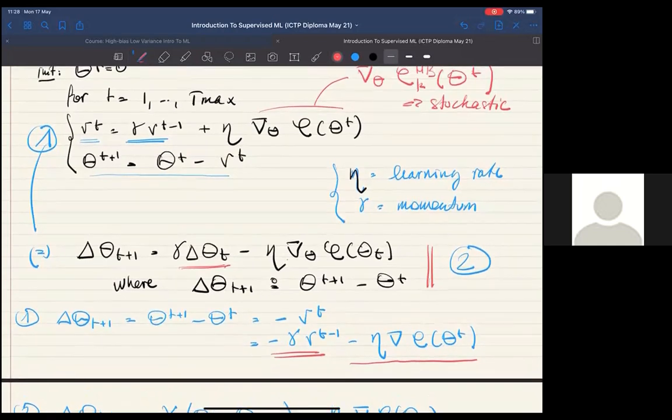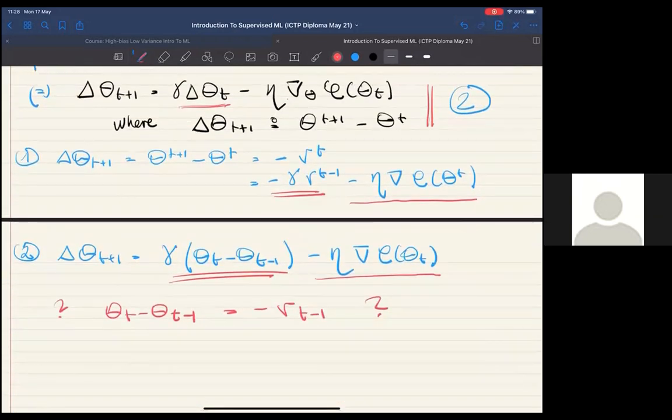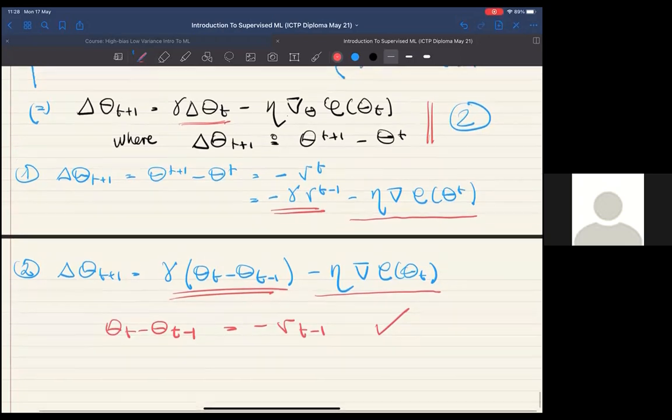And this is exactly what we have here, right? With the time index reduced by 1 unit. Okay, so this is true. So the two sets of equations are indeed equivalent. You just use the definitions and you check. Nothing fancy.